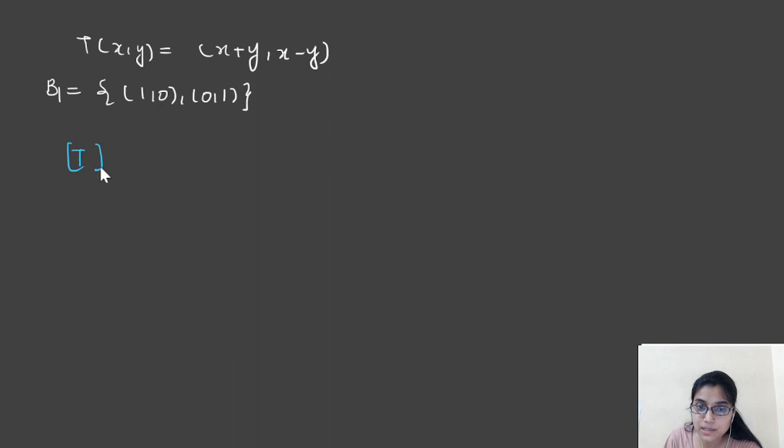You can simply tell me that the first component represents the first row. So the first component is x plus y, coefficient of x, coefficient of y, and then the second component will give you the second row, coefficient of x and coefficient of y. So this is the matrix that we are getting.